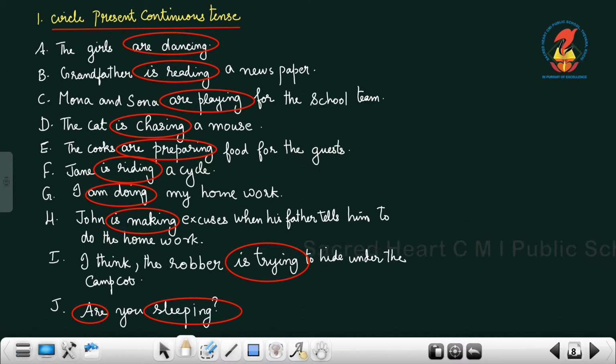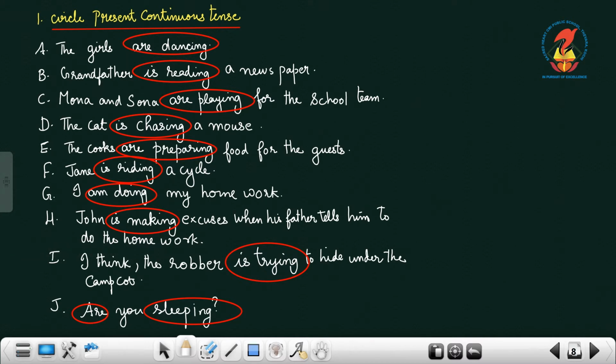Cooks being plural, we use are. Then Jane is riding a cycle. Is plus ride plus ing, since Jane is singular, one person alone. I am doing my homework.